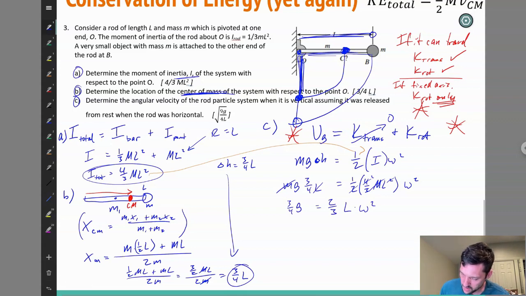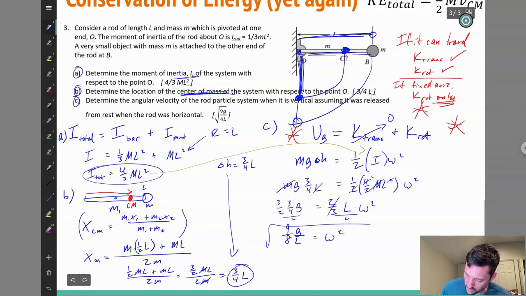Now we keep rearranging things. 3/2 to that side gives us 9/8 g. Divide both sides by L. So that gives us 9/8 g over L equals omega squared. Square root the whole thing. Omega equals the square root of 9/8 g over L.